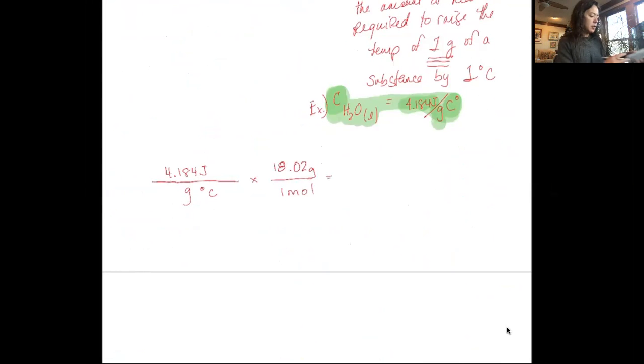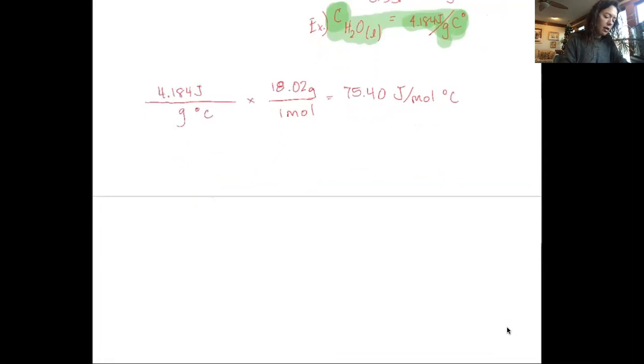And then if I was to multiply that, 4.184 times 18.02, 75.40 joules per mole degrees Celsius. Okay, so that's how you could play with those units. I could go from specific to molar quite easily.